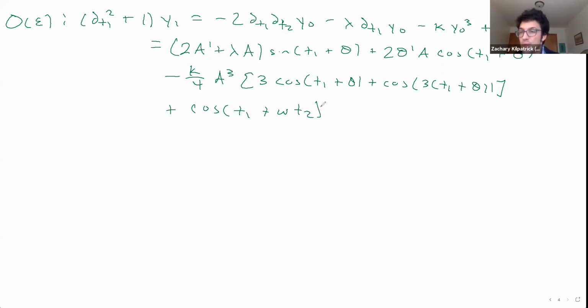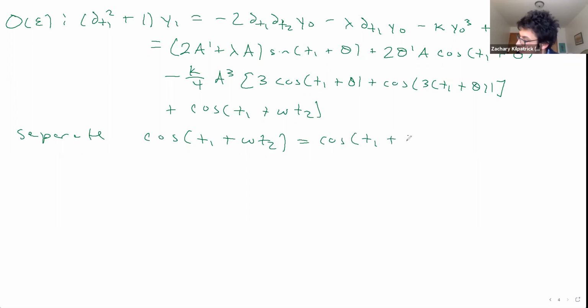Okay. Now remember, you have a few choices as to how to express these periodic functions. You could use complex exponentials, and sometimes that's a bit easier than these shifted trig functions. But we're using shifted trig functions here. You can try either and see which you prefer. We're going to separate now cosine t1 plus omega t2 equals cosine t1 plus theta minus theta plus omega t2.